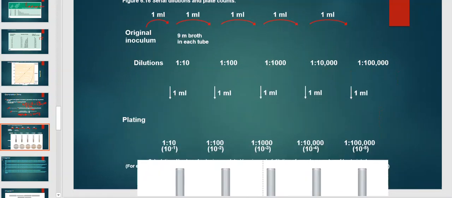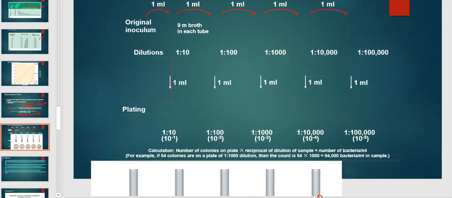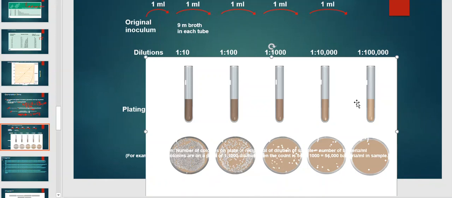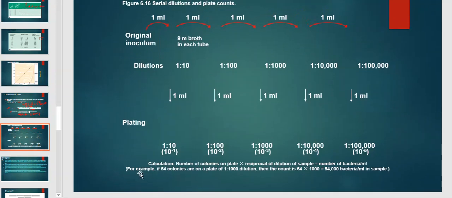For example, if 54 colonies are on the plate of the 1 to 1,000 dilution, then we'd count the number 54 and multiply it by 1,000, and that gives us about 54,000 bacteria per ml in that sample.